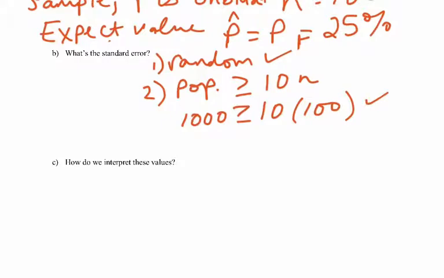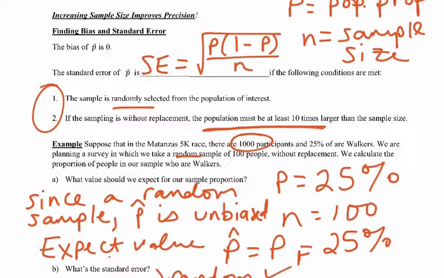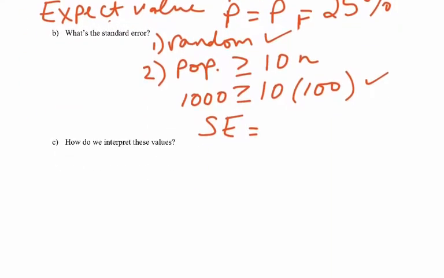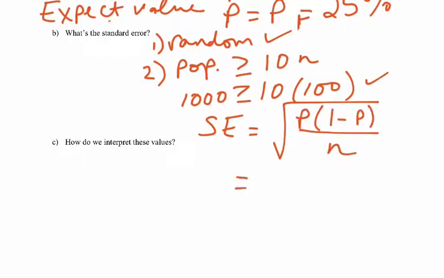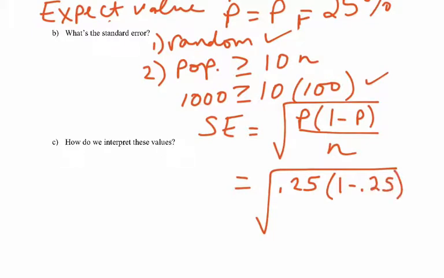So let's go ahead and compute the standard error. Using that formula from above, the square root formula, it's going to be the square root of P times 1 minus P, divided by N. For my example, that's the square root of 0.25 times 1 minus 0.25, remember P was your population proportion, divided by 100.